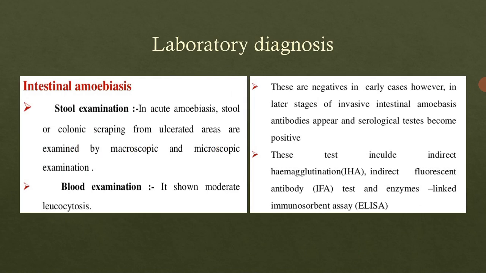After some duration, the invasive infection will start proliferating, then antibodies will be produced, and the serological test will be positive. These tests include indirect hemagglutination antibodies, indirect fluorescent antibody test, and the ELISA test. With the help of these tests, we can determine the antibodies produced against this pathogen, against this parasite.